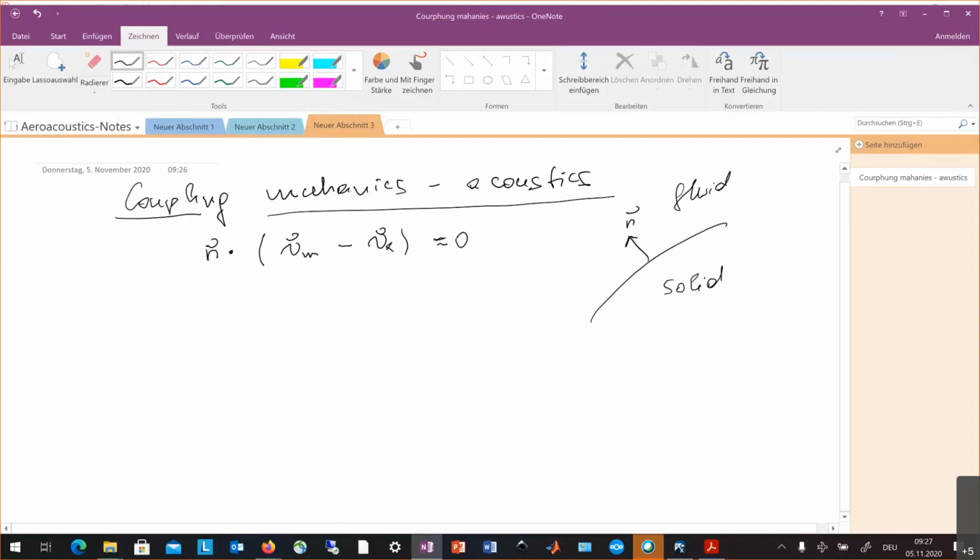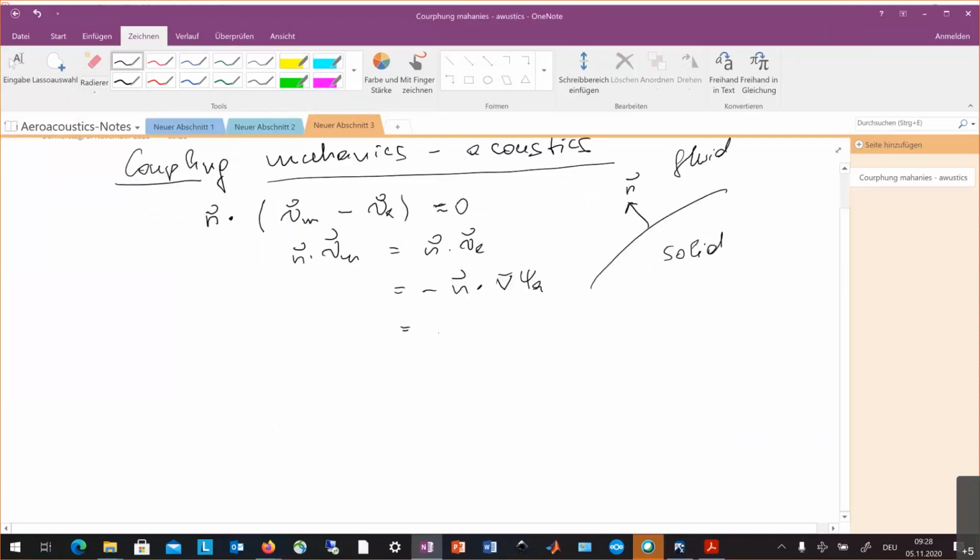Then what you see here is that n in the mechanical surface velocity is equal to n in the acoustic particle velocity. Now we can rewrite that as minus n scalar product with the gradient of this scalar potential. And now perhaps you know that this can be rewritten as the normal derivative.